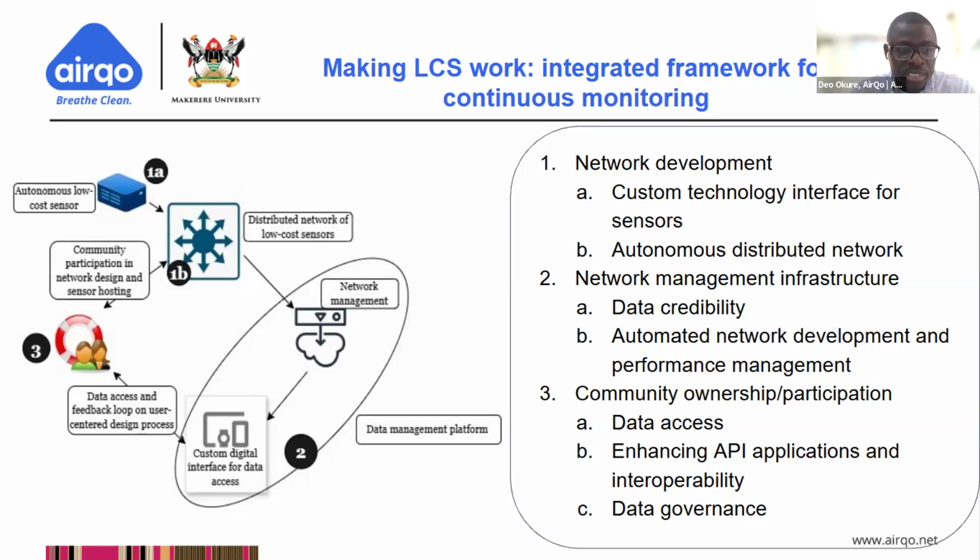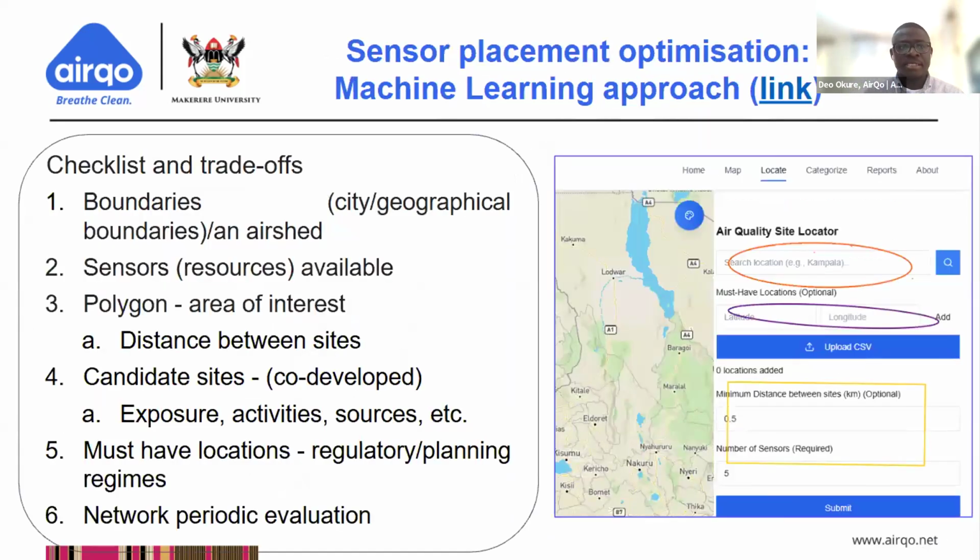In the other two steps, we have to make sure that in designing the network there is community involvement, and even in developing the access interface there is also community participation. So this, in summary, is a global framework that allows us to make low-cost sensors work, based on lived experiences.